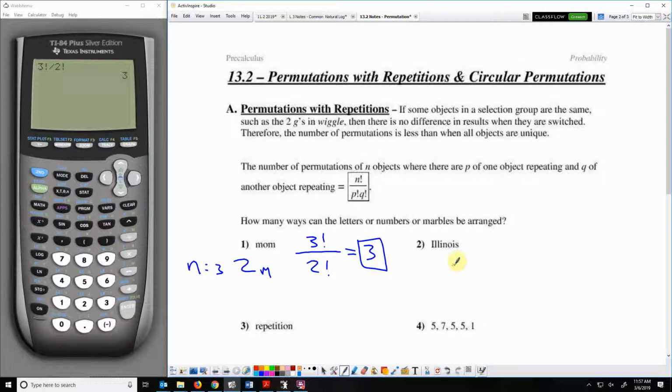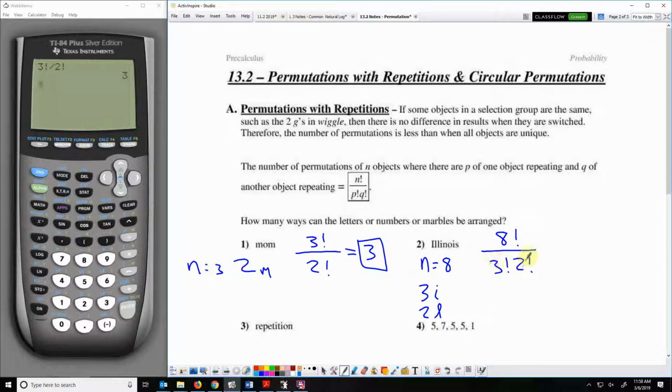Okay, how about in the word Illinois? In Illinois, 1, 2, 3, 4, 5, 6, 7, 8. So there are 8 letters. So n is 8. There are 3 I's, and there are 2 L's, and those are the only repetitions. So we've got 8 factorial over 3 factorial times 2 factorial.